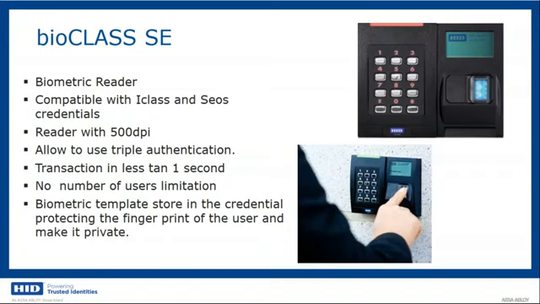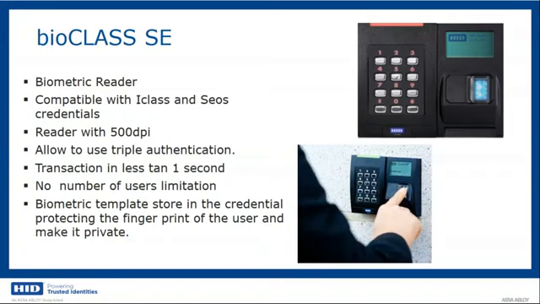Even though we have a data sheet where you will find more specific information about the transactions, we do not have a limitation on the number of users. As you know, the fingerprint in this solution is stored in a credential, so there is no limit to the amount of users that can use your biometric solution. You can go up to hundreds of millions, because everything is stored in the credential.